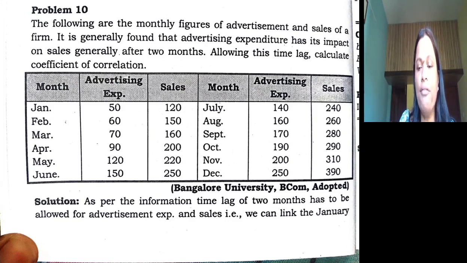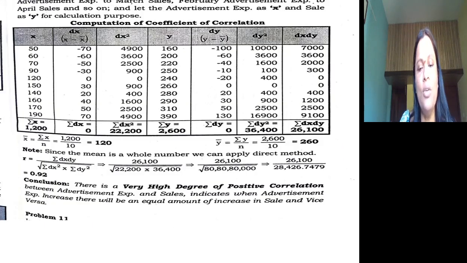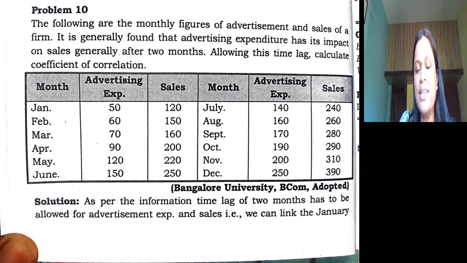In the same way, 140 is advertisement expenses of July, so we have 280 of September. August 160, October's 290, September's 170, then November's 310, October's 190, which month's 390?